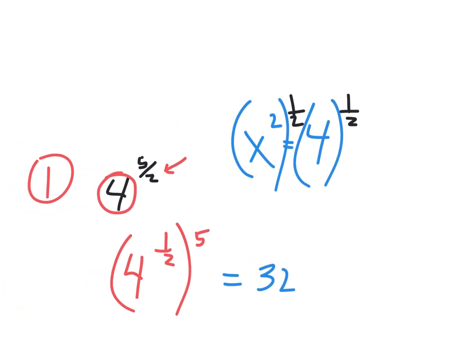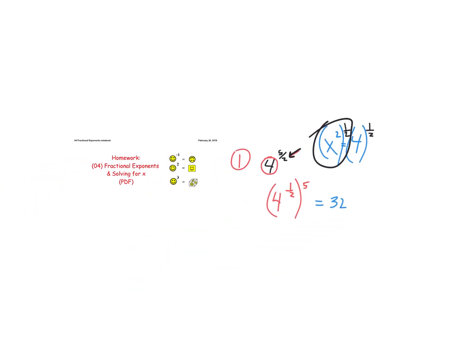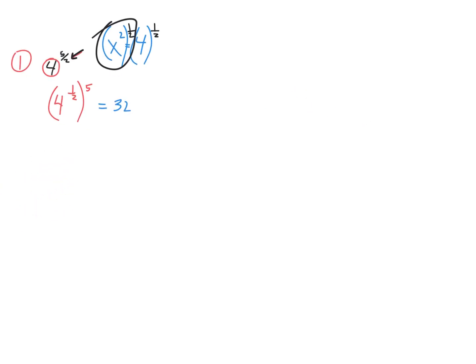Not just because you did it once. It's because you do it to a variable. When you do it to a variable, watch out. All right. So number 1 was just 32.